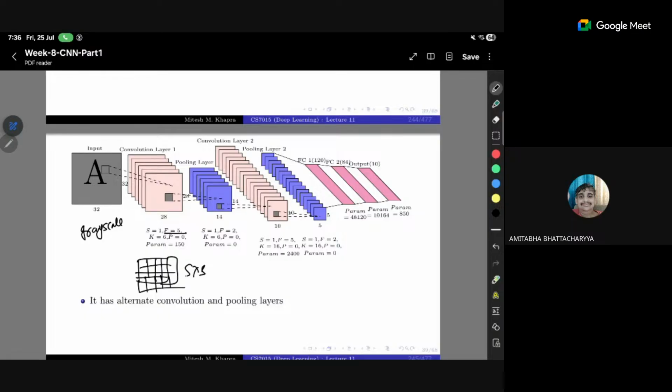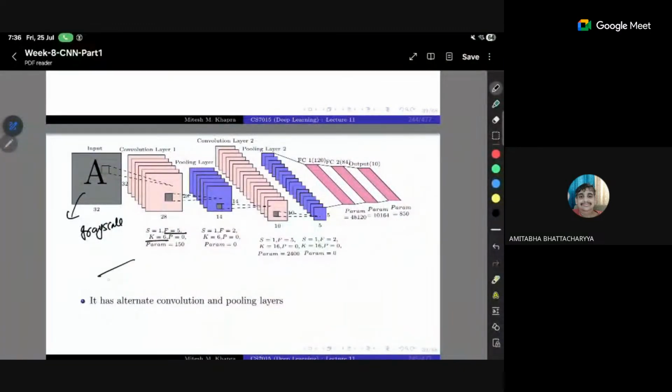So 2 ways you can do. Here there is no depth, right? So you can use a 2D filter. Initially there is no depth, so I'm using a 2D filter of 5 cross 5, but later on I'll discuss this.